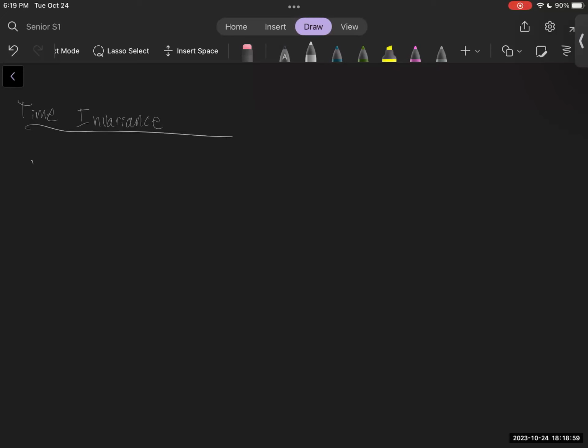So first, we have y1 of n. We plug this into our system. We get x1 of n. Plug it in. We get y1 of n, which is just going to be equal to x1 of 3n.